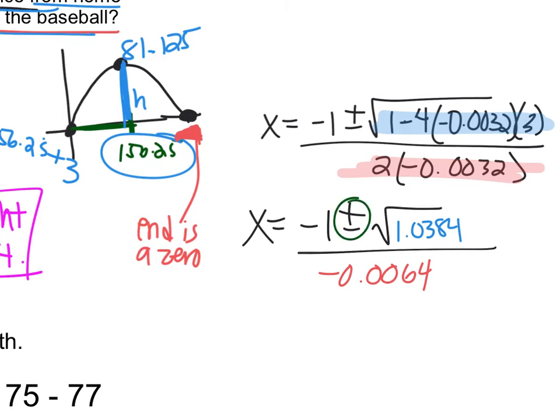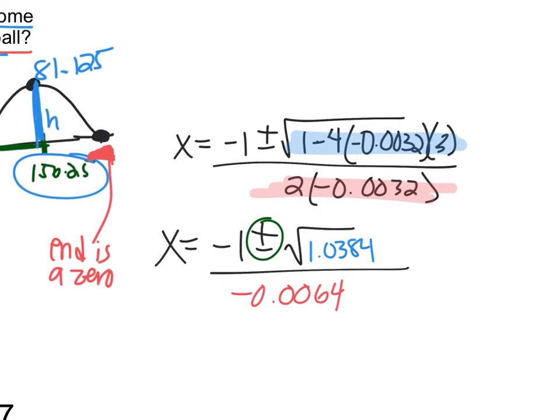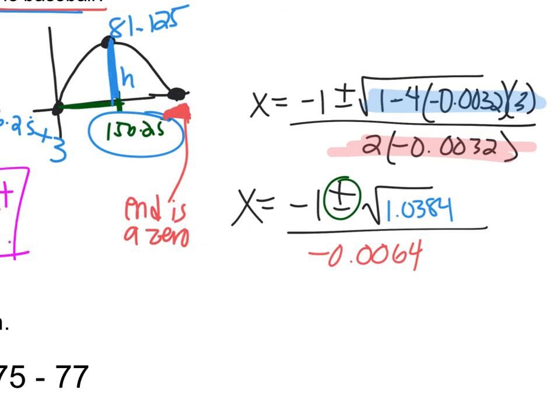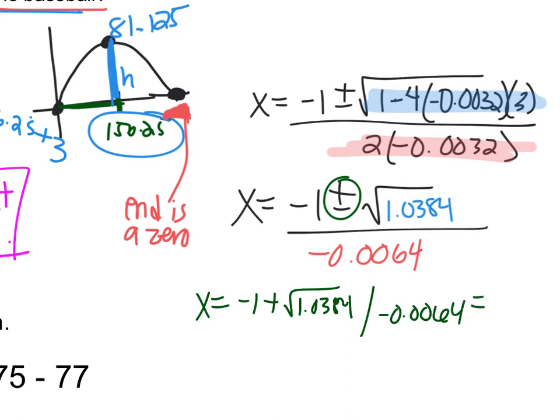So if you type this in your calculator as -1 plus the square root of 1.0384 and divide it by that fraction, you will get the answer. Let me write it out. So if you type that in your calculator, you get -2.97.